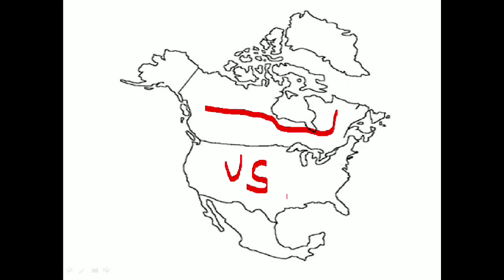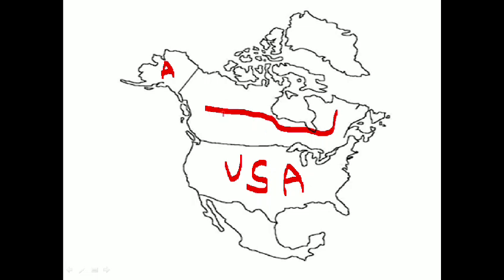Okay, this part is USA. And what about this? This is also USA's part. This is what we call Alaska. This Alaska region is also one of the 50 states of the United States of America.